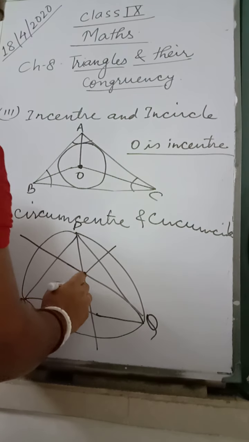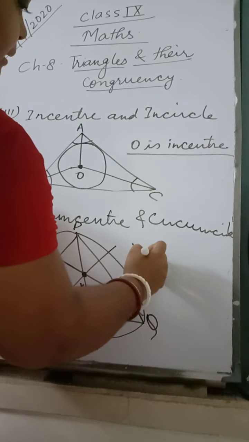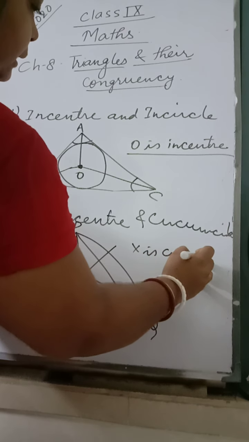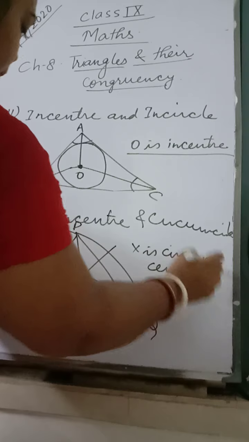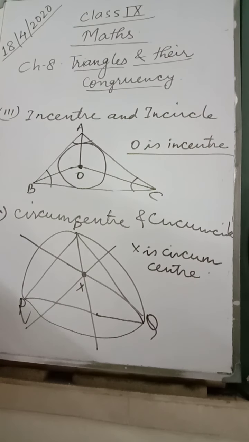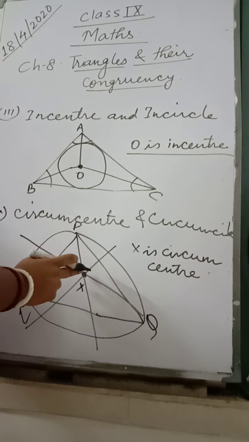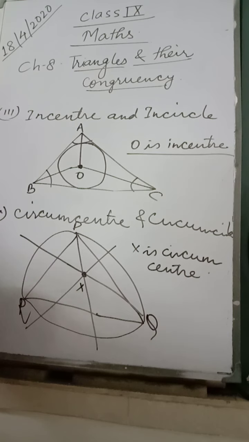Already you have learned X is the circumcenter. When the sides are bisected, the common point where they meet is known as the circumcenter.